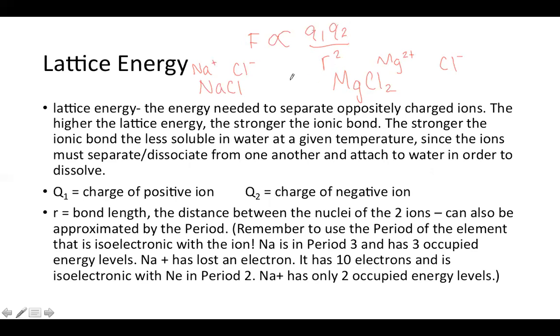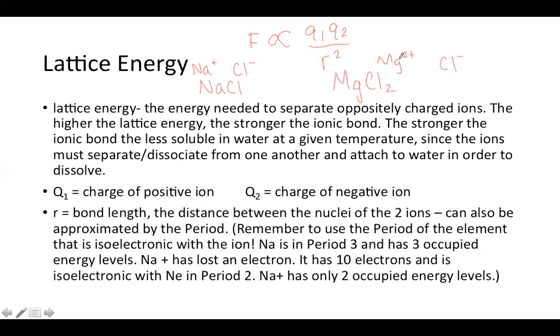Is the size of a sodium ion substantially different than the size of a magnesium ion? No, right? Because they're in the same period. Sodium's right beside magnesium. So although Na+ is going to be larger than Mg2+, their sizes are pretty similar to each other.